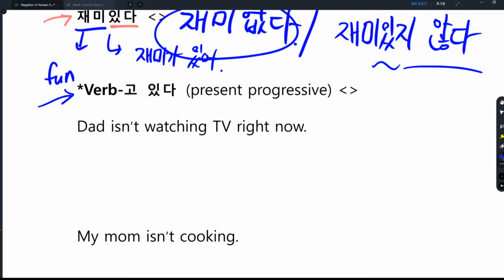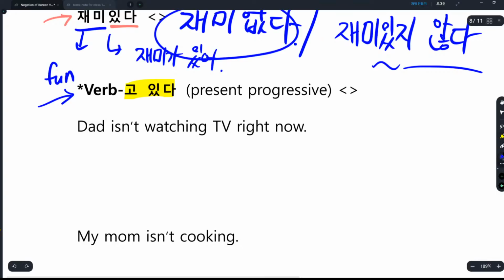Let's move on to verb-고 있다. I'm not sure which part of Korean grammar knowledge you have and which you don't. But I have a separate video on verb-고 있다 where I cover this grammar more in depth, so you can check that out.